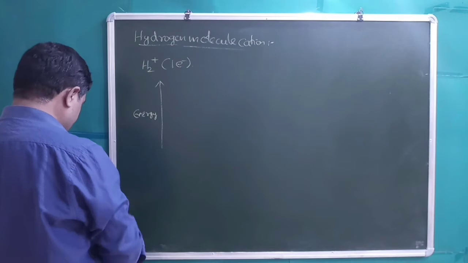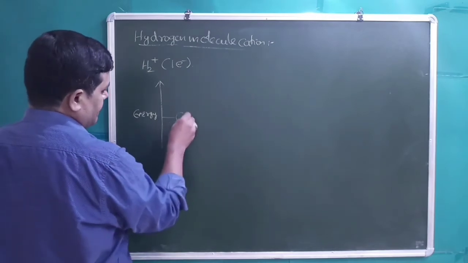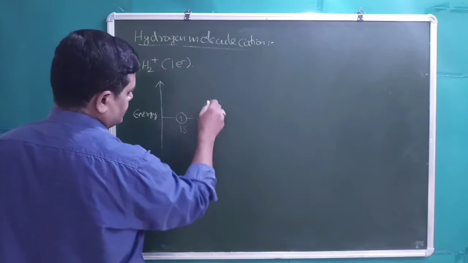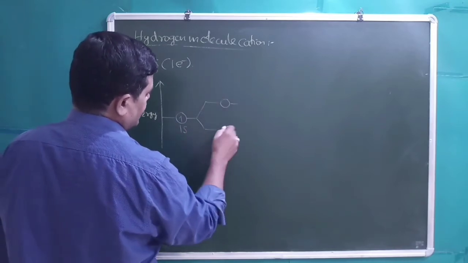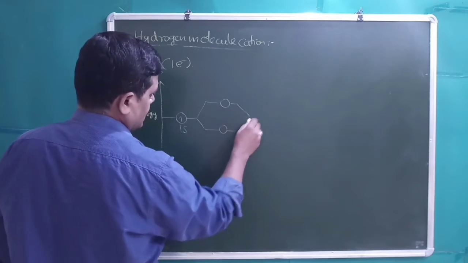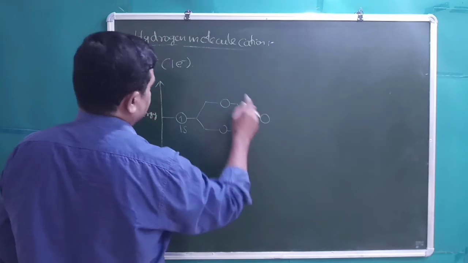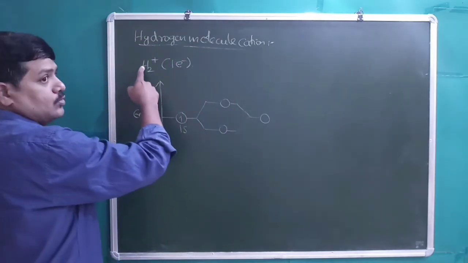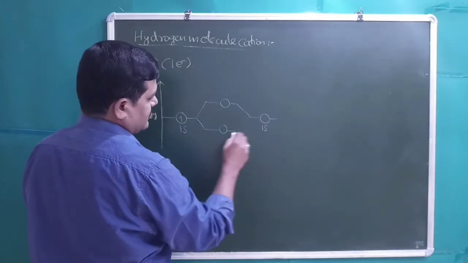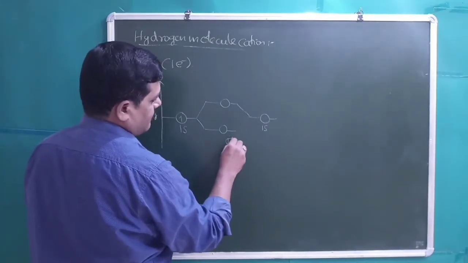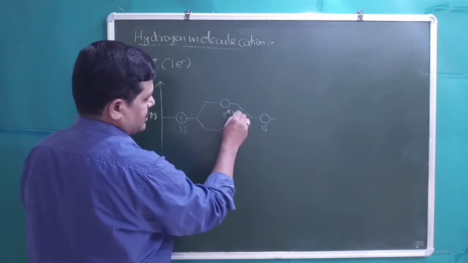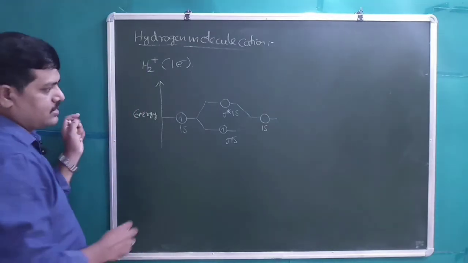The 1s orbital of one hydrogen is combining with the 1s orbital of the other hydrogen atom, and the species formed, H2 plus, has only one electron that is present in the sigma 1s orbital. Sigma star 1s does not contain any electrons, right?